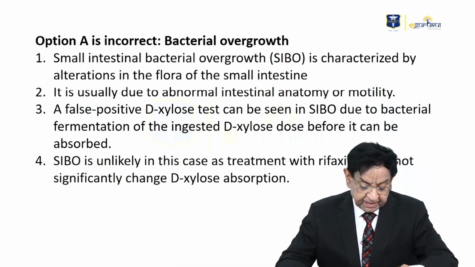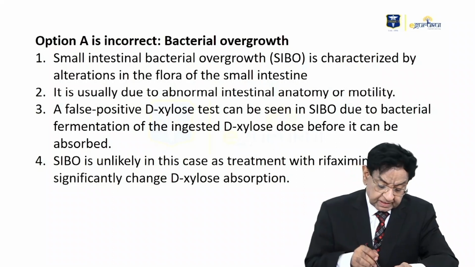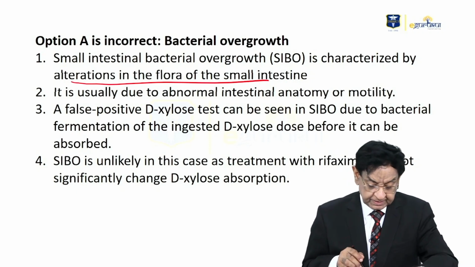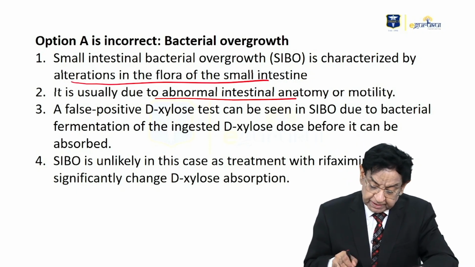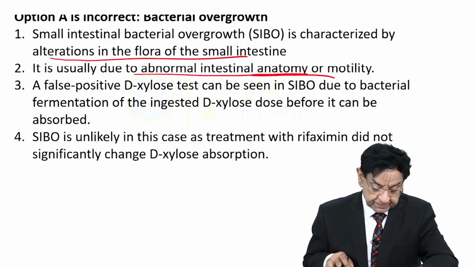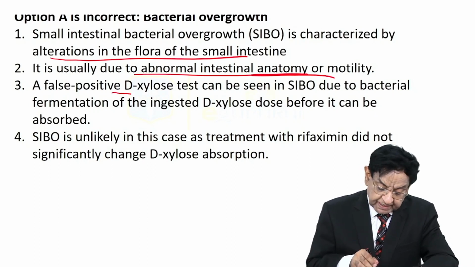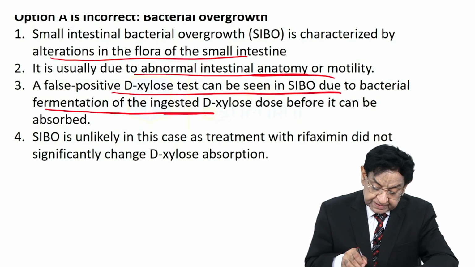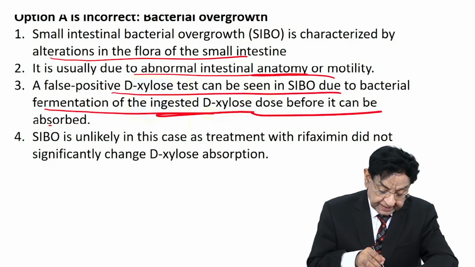What about bacterial overgrowth? This is characterized by alteration of the flora of the small intestine, usually due to abnormal intestinal anatomy or motility. A false positive D-xylose test can be seen in SIBO due to bacterial fermentation of the ingested D-xylose dose before it can be absorbed.